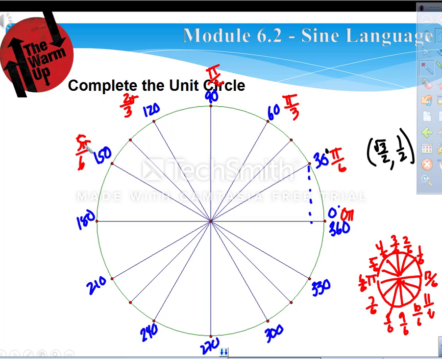Make sure that you guys are putting the pi on the top there. This is 6/6, or just pi. This is 7/6, 7 pi over 6. This is 8/6, which reduces to 4 pi over 3. This is 9/6, which is 3 pi over 2. This is 10/6, which is 5 pi over 3, and this is 11/6. That's 11 pi over 6.